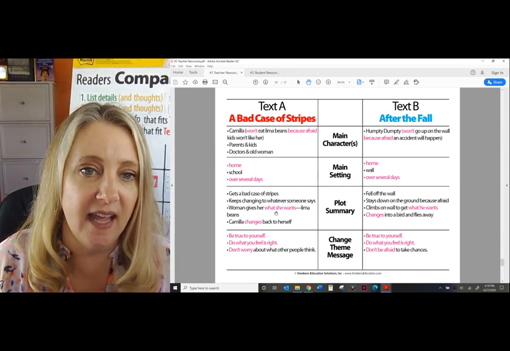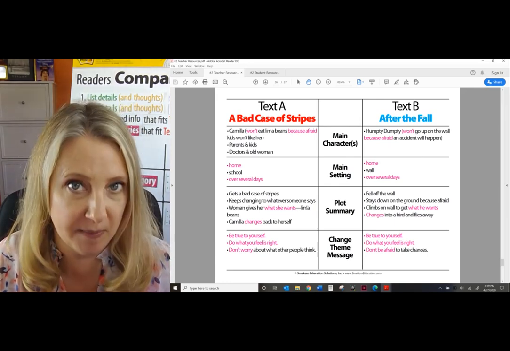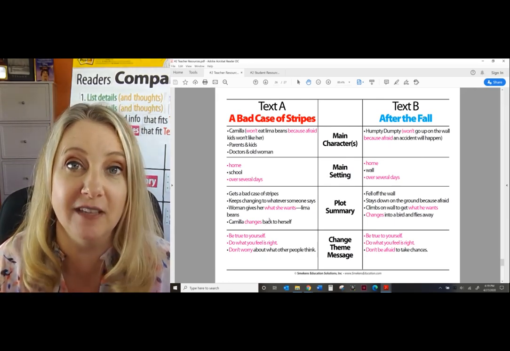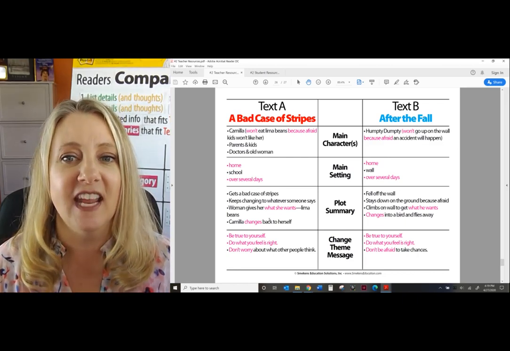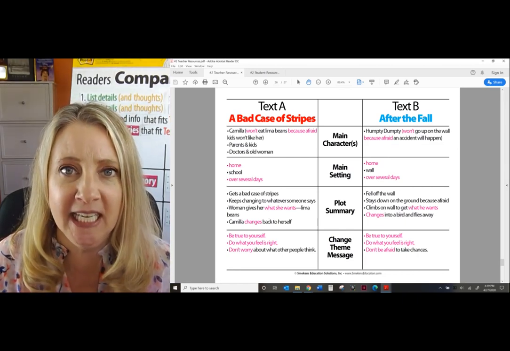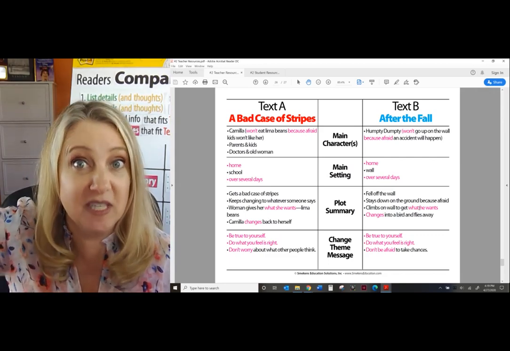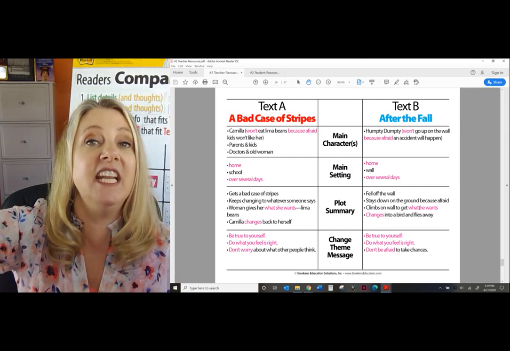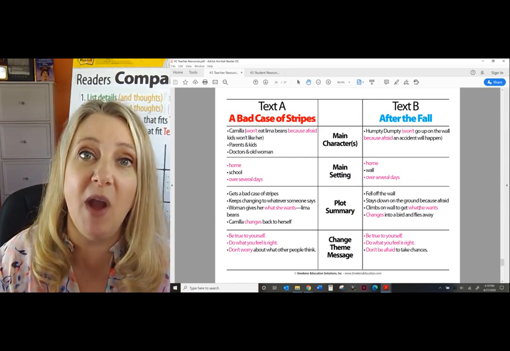When Camilla gets what she wants by eating lima beans, then she changes back into herself, which is what she wants. Look at this. When Humpty climbs up on the wall to get what he wants, which was that plane that was stuck up there, then he changes into a bird, which is what he loves anyway.